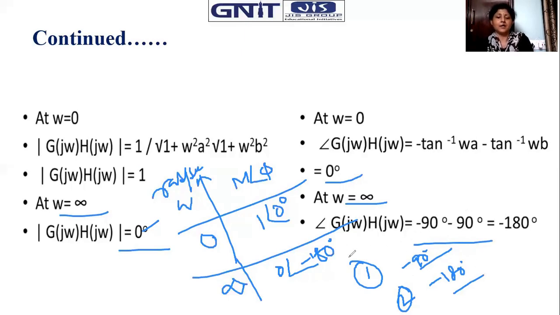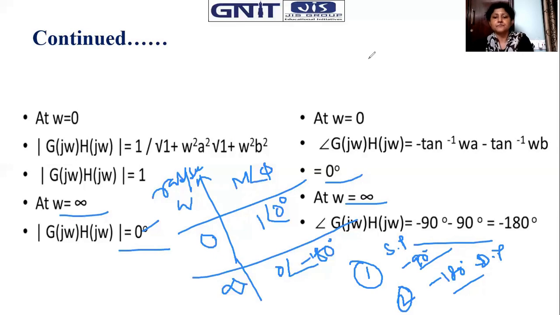So that will be the observation. For a single pole system, it ends at minus 90, and for a double pole system without any zero, it ends at minus 180 degree. Okay, so from one quadrant, the thing has moved to another one. So it is covering two quadrants. Okay, that is your observation.